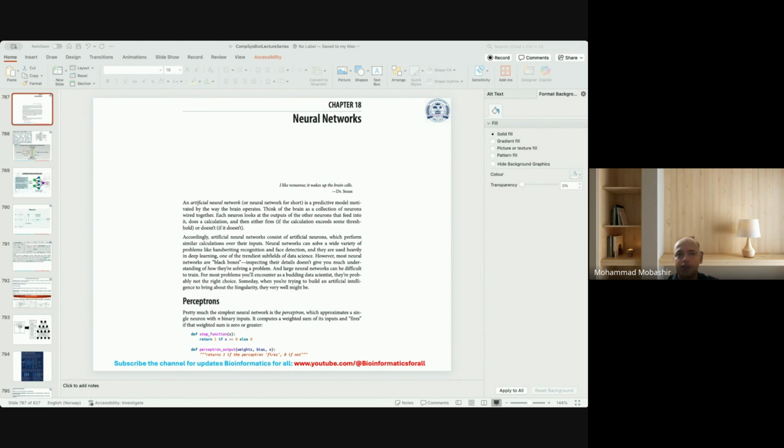ANNs are adept at modeling complex nonlinear relationships between inputs and outputs, which is crucial for many real-world problems.